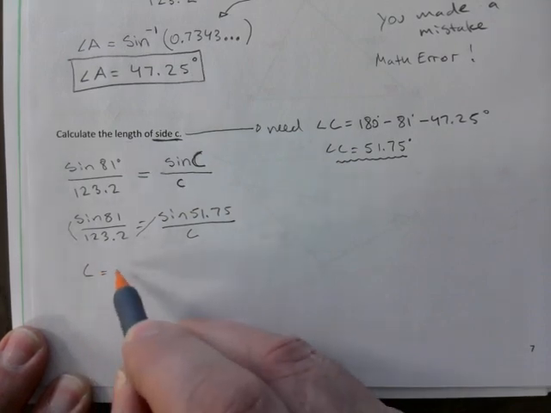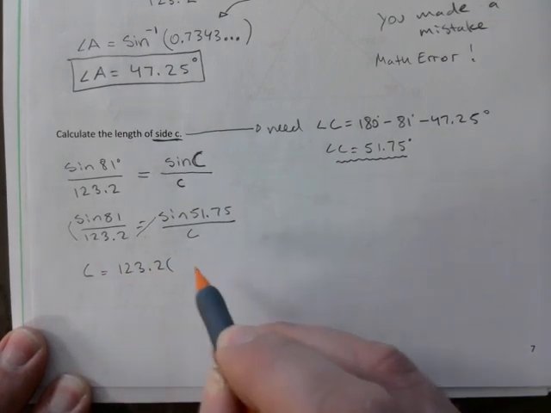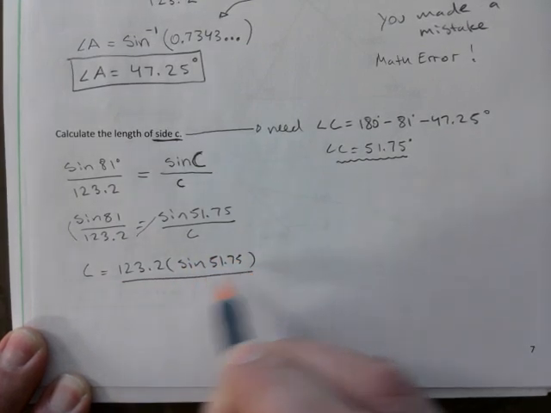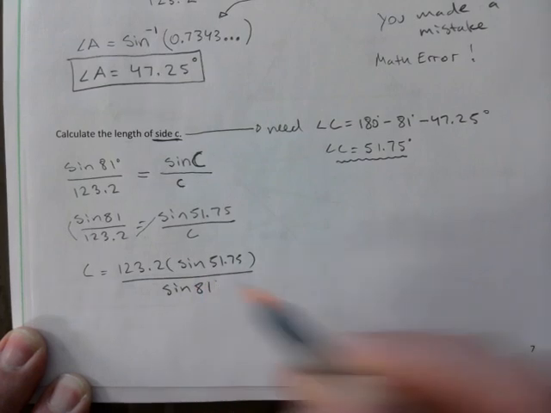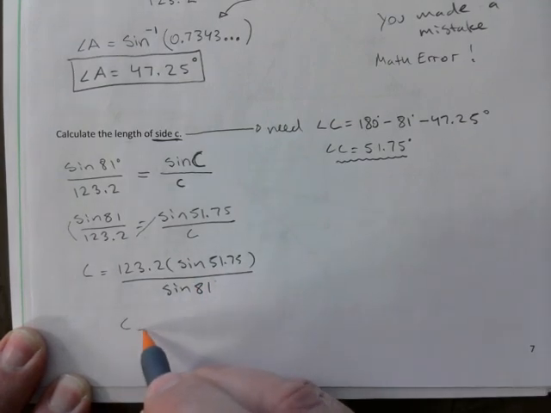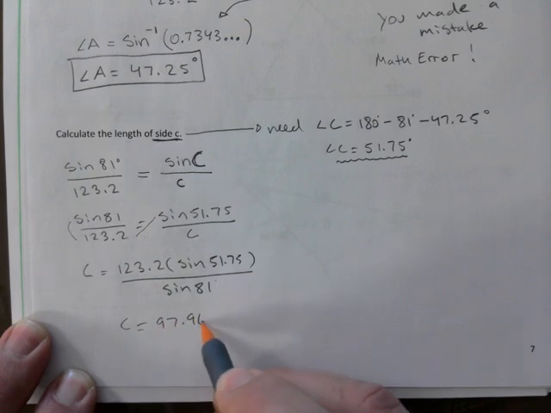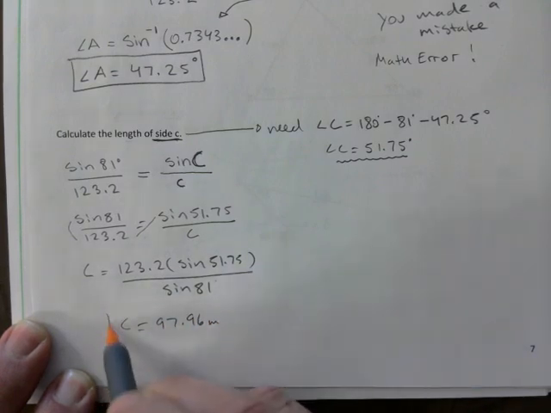So C is 123.2 times sine of 51.75 divided by sine of 81 degrees. That should give you 97.96 meters.